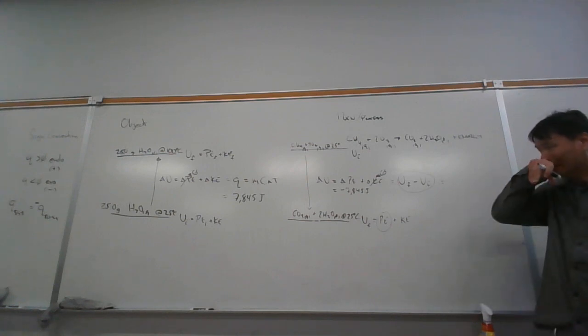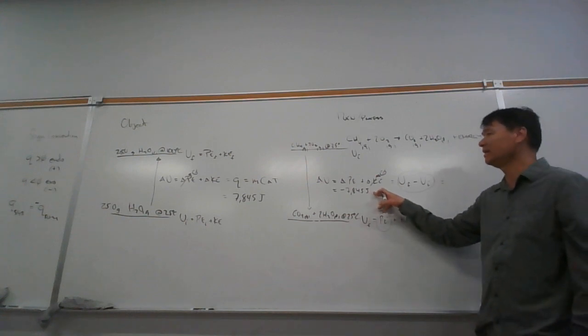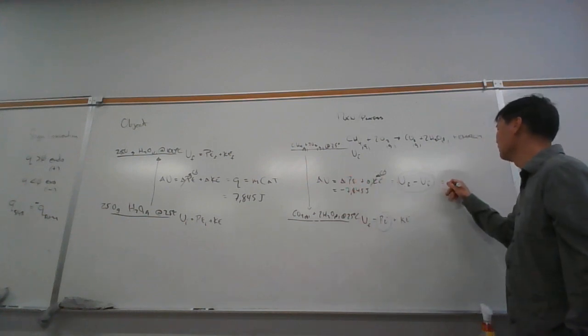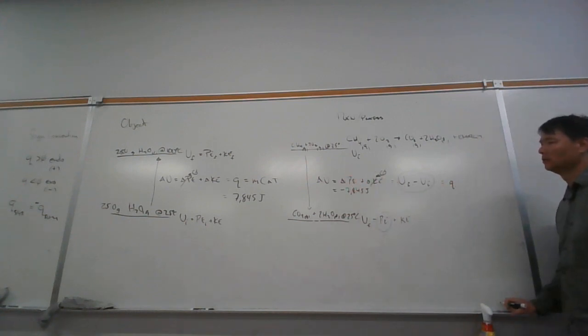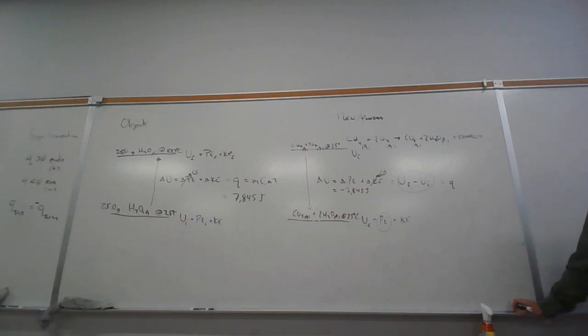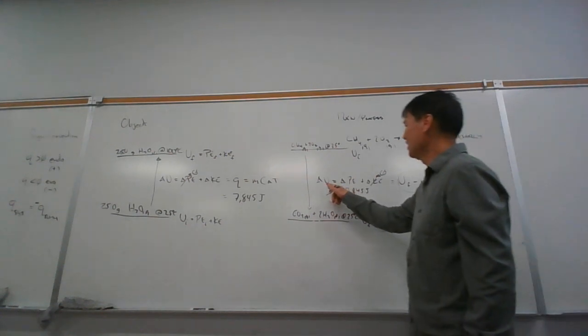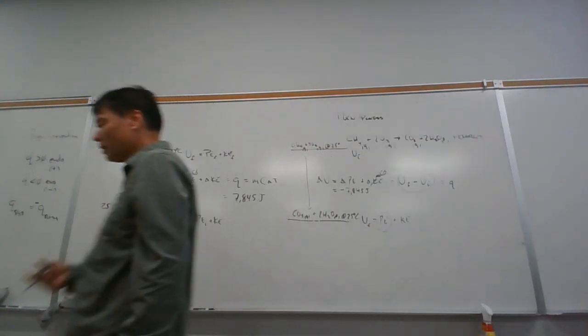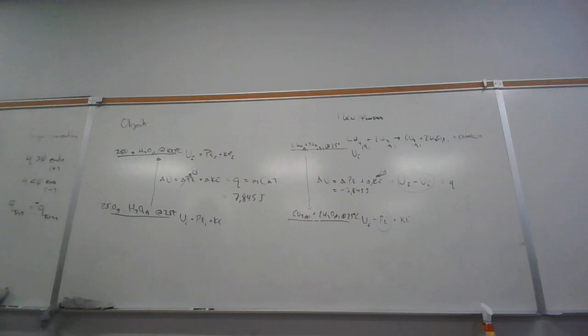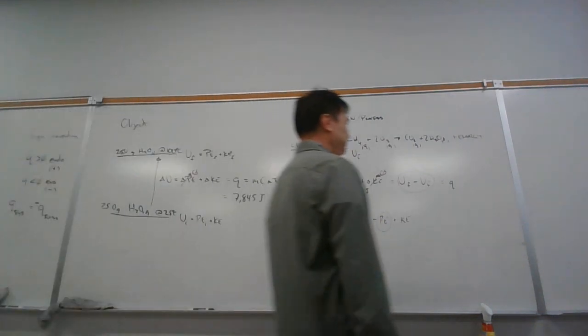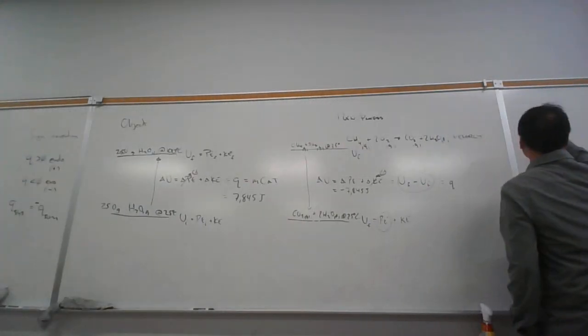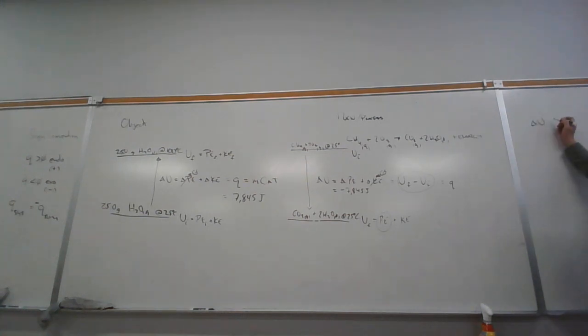And so the different way that we're going to do that is, this is the amount of heat that we need to warm that up. And so we're going to call this Q here. But delta U is either extensive or intensive. We can do it either way. Delta U is typically an intensive quantity. The normal units for delta U are kilojoules per mole.